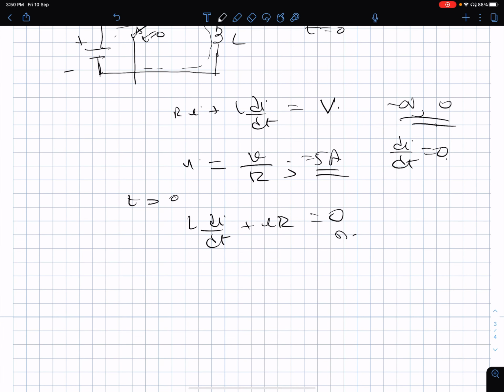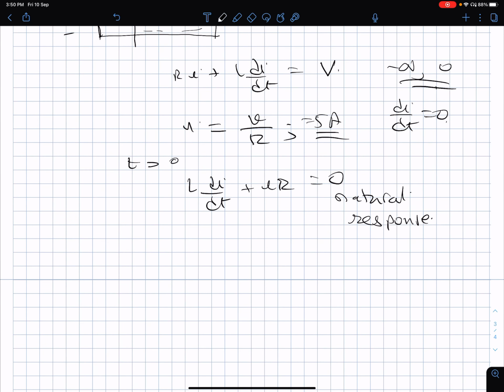The response to this, when the right hand side is 0, is called the natural response. You have seen this earlier also. So di by dt is equal to minus IR over L.